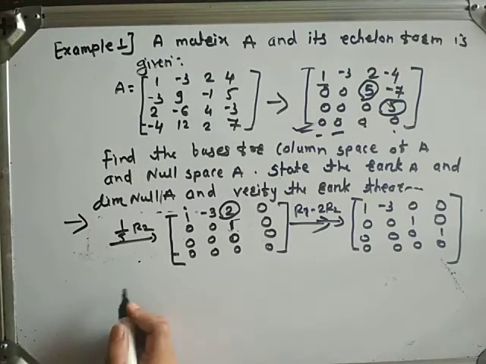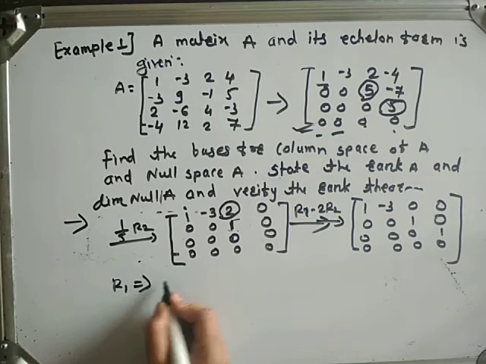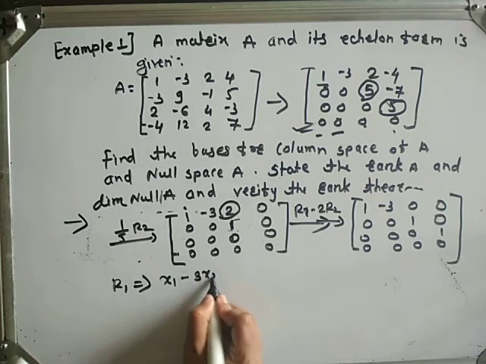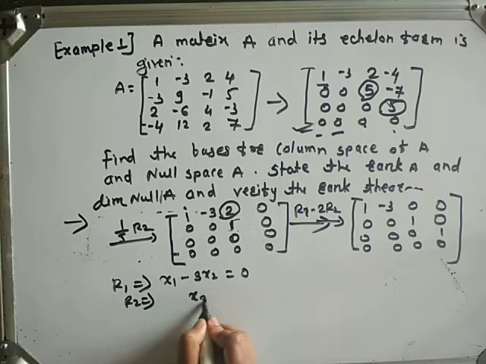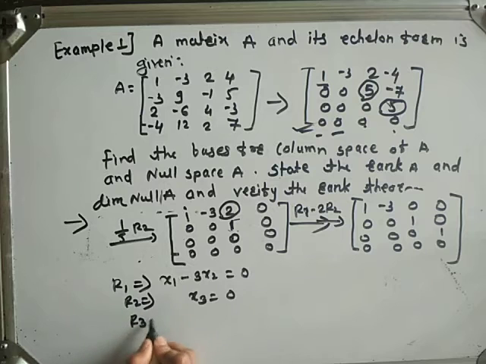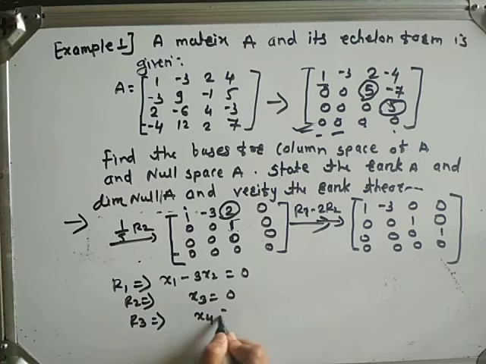Okay. From this matrix we get R1 implies x1 minus 3x2 is equal to 0. R2 implies x3 is equal to 0. R3 implies x4 is equal to 0.